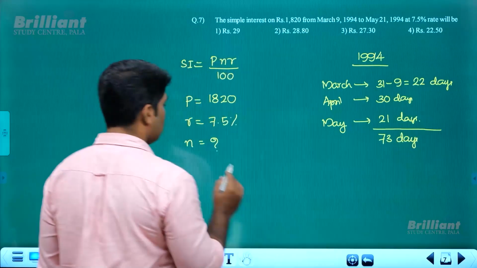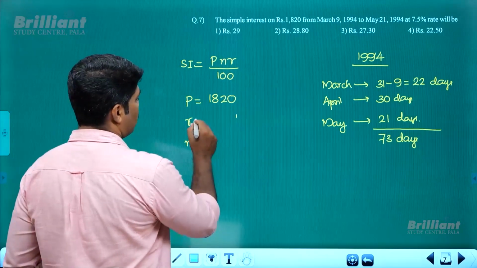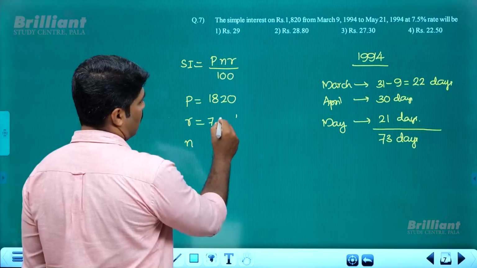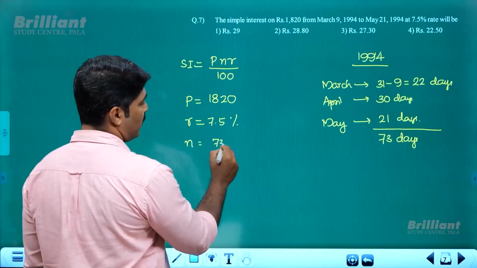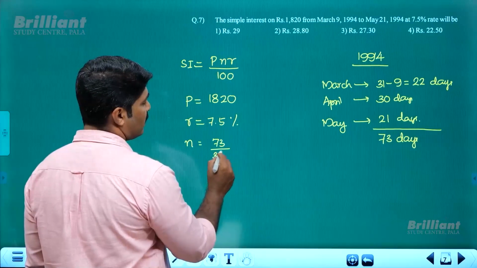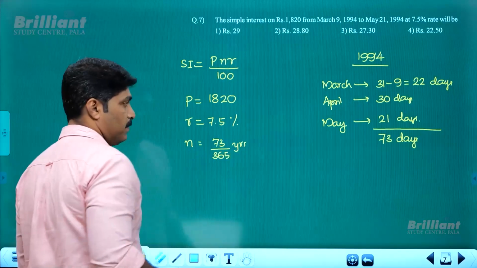Correct? So the period is equal to 73 days, in the sense 73 by 365 years.